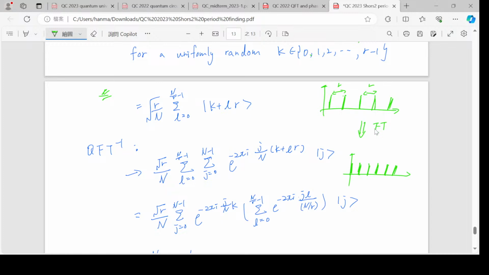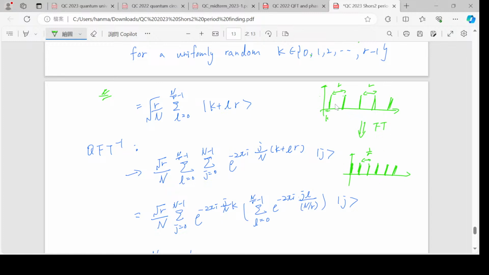What happens when you do the Fourier transform is that the spacing here is R, and the spacing there will be 1 over R. Something funny is that you have a displacement K here. But when you do the Fourier transform, as we'll see very soon, this K factor doesn't give you the same displacement.